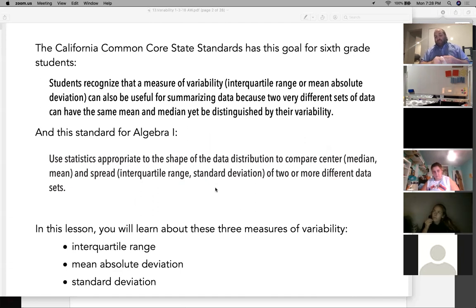And that extra information we want to make sure we get from the formulas that we're going to learn. And this is the standard for Algebra 1. Use statistics appropriate to the shape of the distribution to compare center and spread of two or more different data sets. In other words, it's not always the mean that's the appropriate measure of center. It's not always the median. And when it comes to spread, it's not always the IQR, and it's not always the standard deviation. There are times that you would use each one, and we will need to learn what those times are.